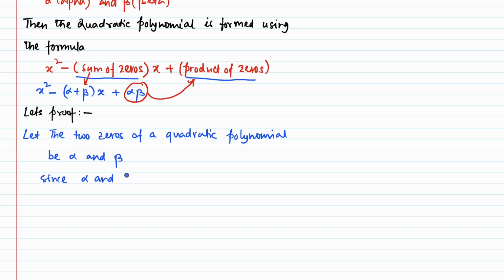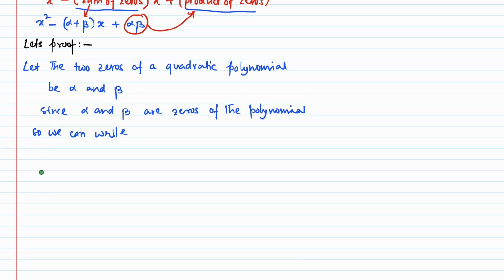Since alpha and beta are zeros of the polynomial, we can write it as p(x) equal to (x minus alpha) times (x minus beta).